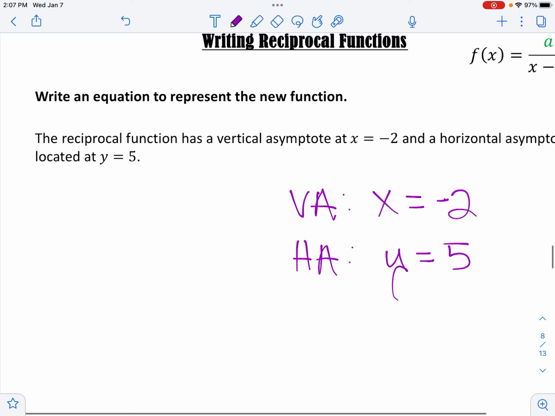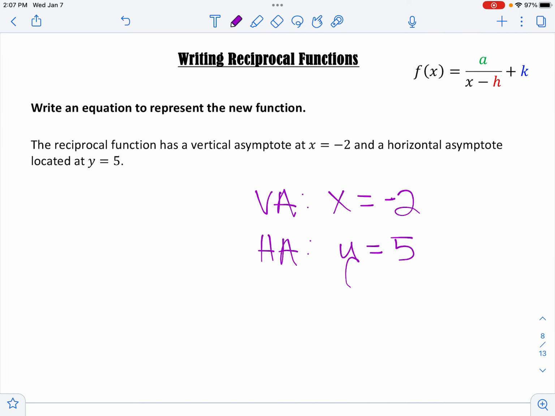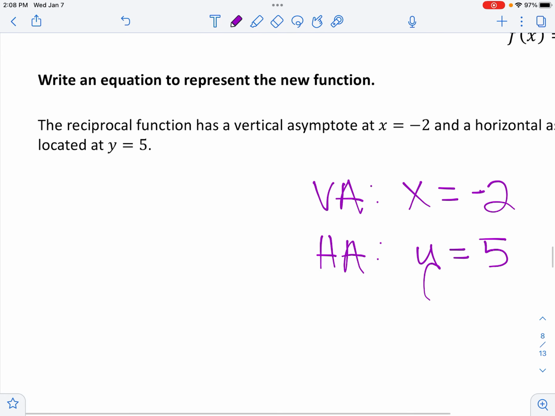I don't have any other information other than those 2 things. So there could be a stretch. There could be a compression. That is not really in there. So I just need to assume as best I can what that might be. So let's call this one h of x.